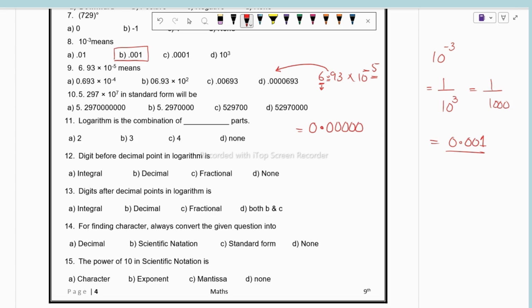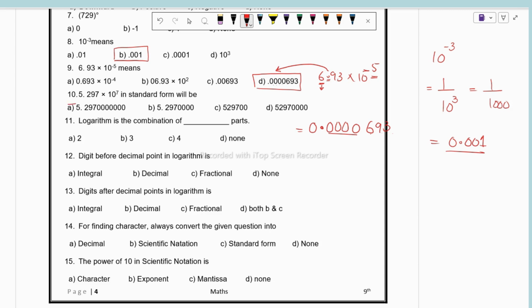So 5 zeros I insert here, then 693. 4 zeros I will add here, because the whole power is -5 and the one digit is 6. So the answer will become 0.0000693. So the correct option will be option number D.